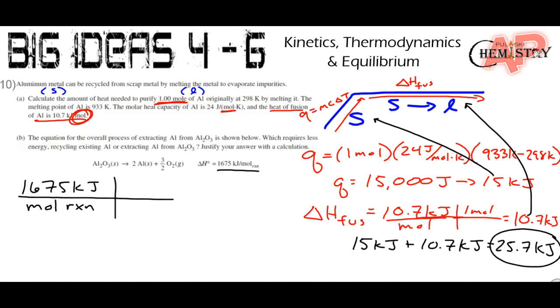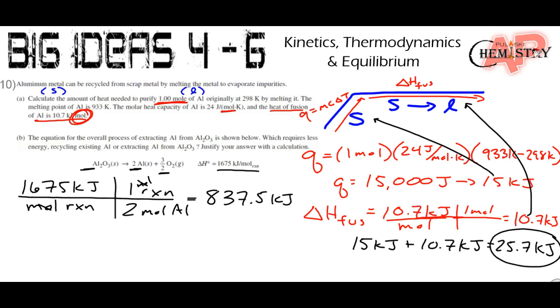This is very important to balance out my units here. I have one reaction for every reaction. This is reflective of each of my coefficients. I have 2 moles of my aluminum. Right? And you can think of it as moles of reactions, or you could get rid of the moles and just say per reaction. So what this will do is cut this in half, and I have 837.5 kilojoules.